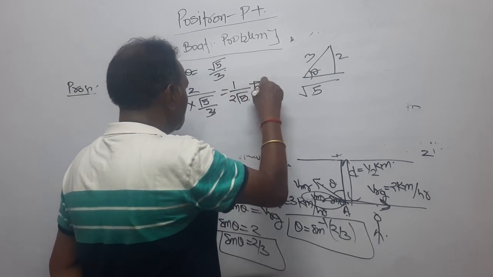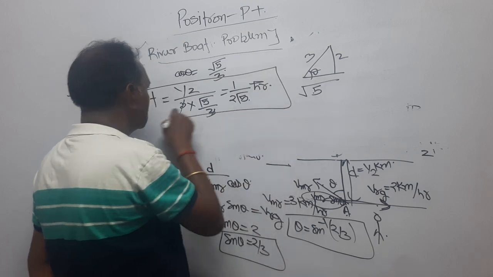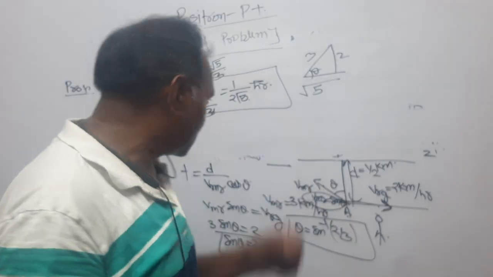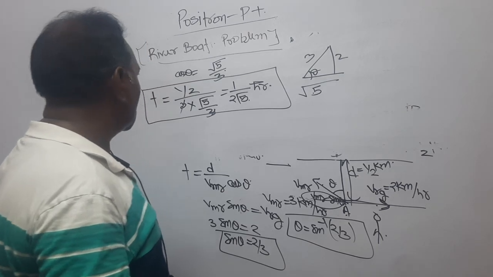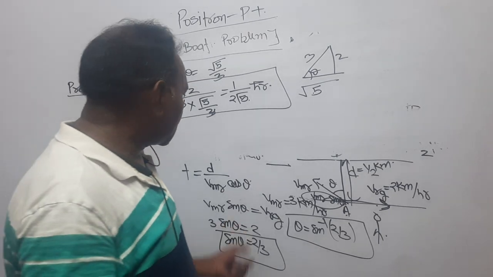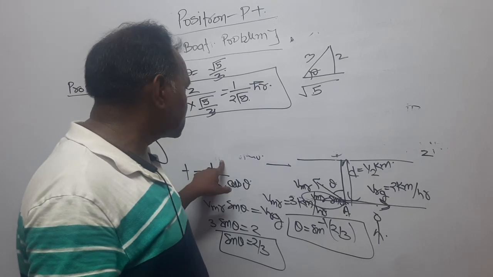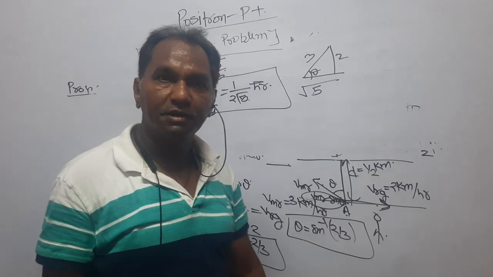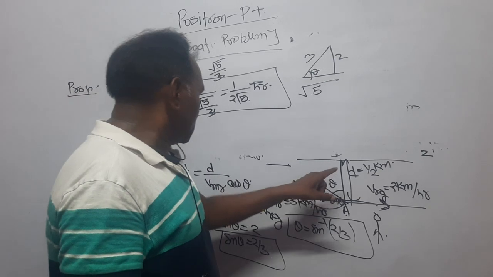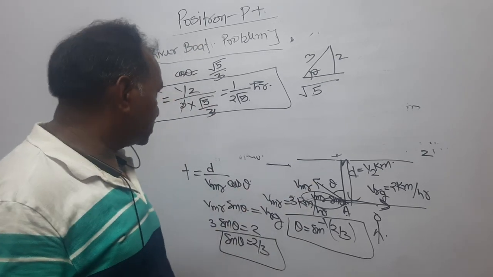This is the R. The time taken in crossing the river, T, is equal to 1 by 2 root 5 R. Right? What have I done? Time is equal to distance upon the perpendicular component of velocity. The perpendicular component of velocity is VMR cos theta.